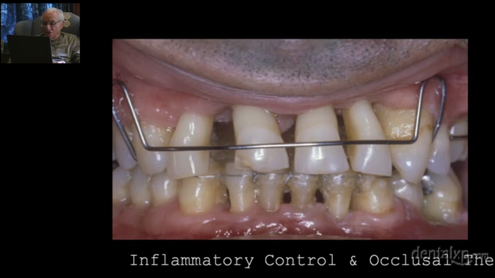Our approach to therapy, of course, was inflammatory control: scaling, root planing, curettage, placing the patient on a very rigorous home care procedure, which his wife carried out for him, and maintenance, which was very critical as far as the continued inflammatory control.